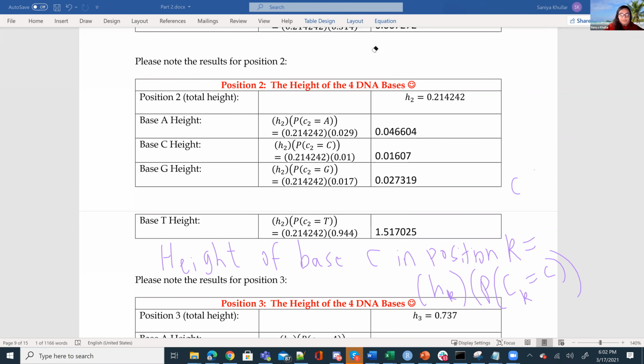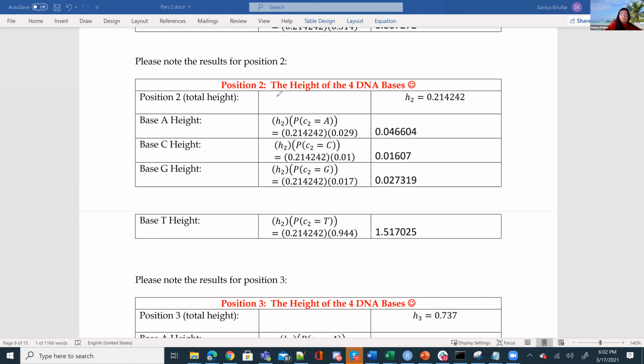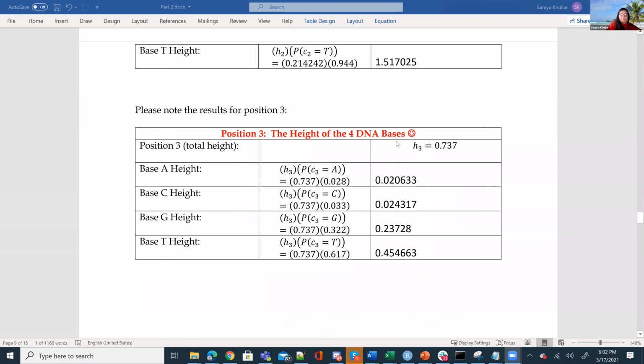So again, C is in the set of A's, G's, C's, and T's for the DNA, but it's different for RNA. So that's the formula you use there. And this is the height 3. This is the formula you'd use again for here, for this height value.